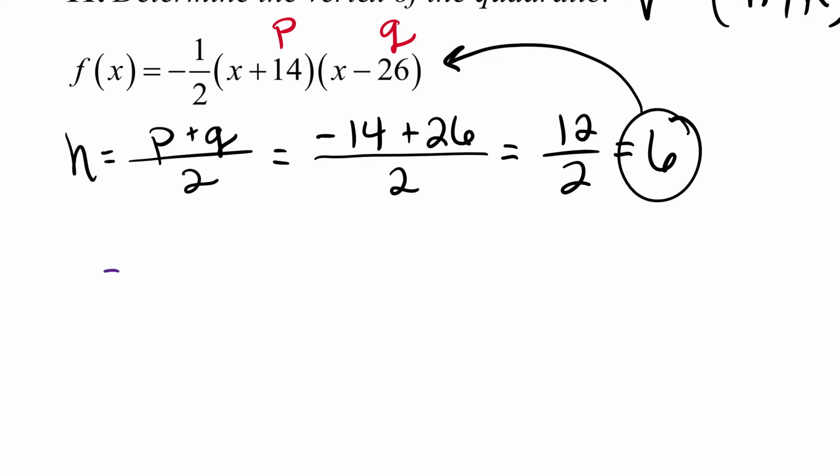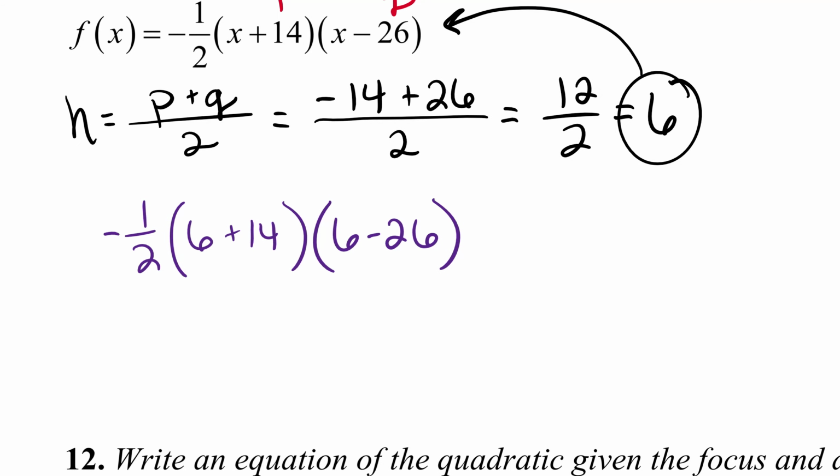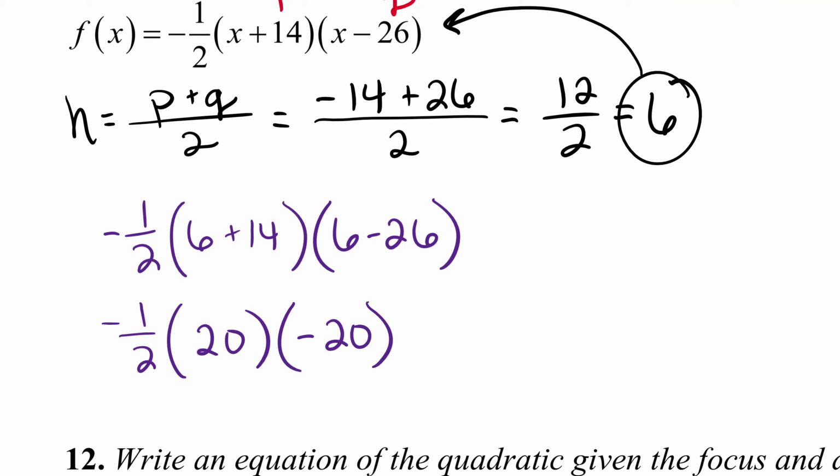So I have negative 1/2, and then x is 6 plus 14, and 6 minus 26. Okay? Now I just solve from here, and I got k, and I'm done. So I'm going to go ahead and add or subtract what's in the parentheses first. 6 plus 14 is 20. 6 minus 26 is negative 20.